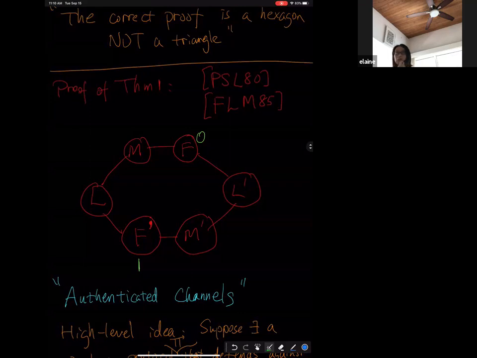So that would fail. Obviously the proof shouldn't work if there are signatures involved.